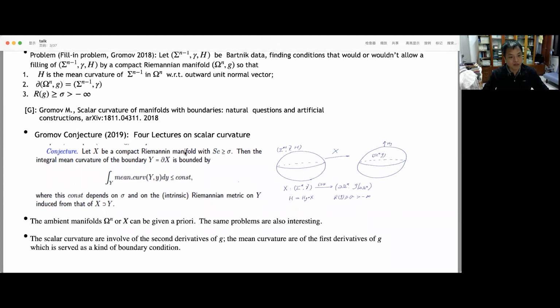Now, in those two problems, the ambient manifold can be given a priori. Even in this simple case, the problem is also interesting. Now here, I would like to give a remark. As we know, scalar curvature involves second derivatives of the Riemannian metric g, while mean curvature involves only first derivatives of the metric g, and serves as a kind of boundary condition.